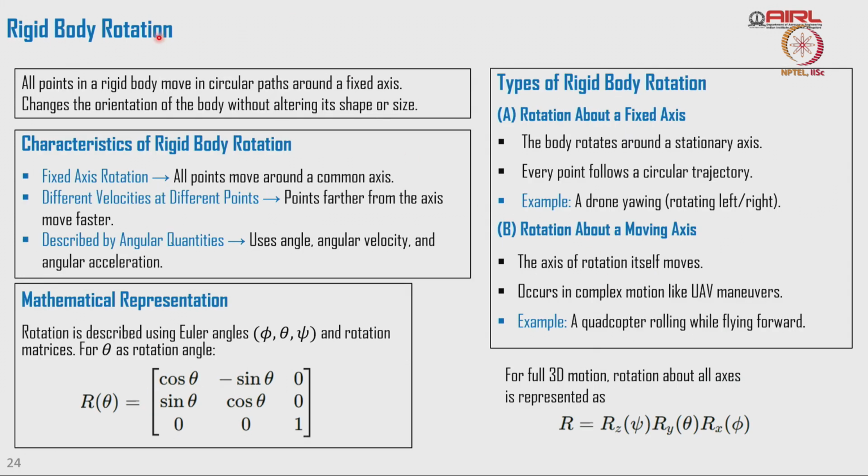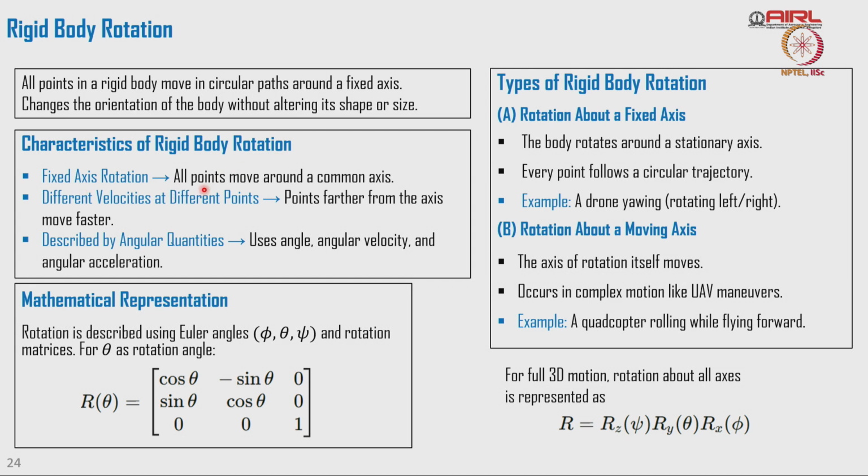Now, let us get more details and understanding of rigid body rotation. All points on the rigid body move in a circular path, as I mentioned earlier, around a fixed axis. The orientation of the body changes without altering its shape or size, because we are looking at a rigid body here. What are the characteristics of rigid body rotation?